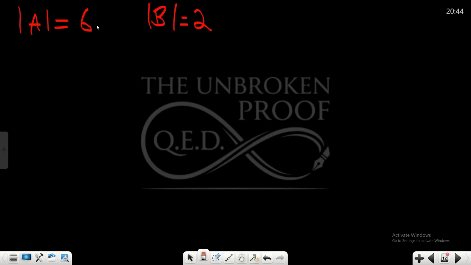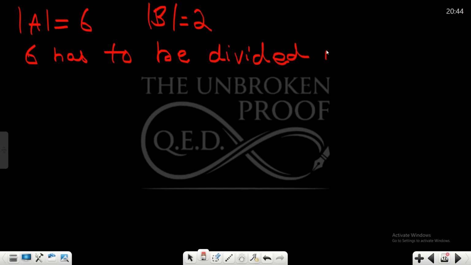So since the question is about onto functions, one thing is clear: 6 has to be divided into two distinct groups.